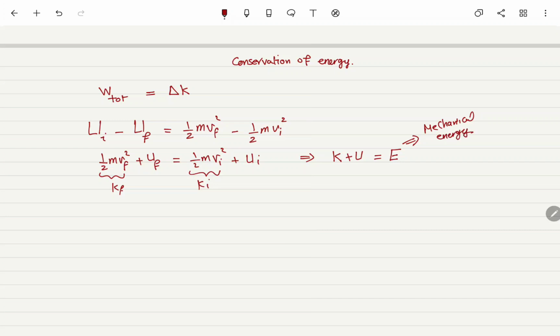In simple words, the mechanical energy is conserved: E final equals E initial. The mechanical energy in the initial position is equal to the mechanical energy in the final position. And remember, we can use this equation only if the forces in the system are conservative forces.